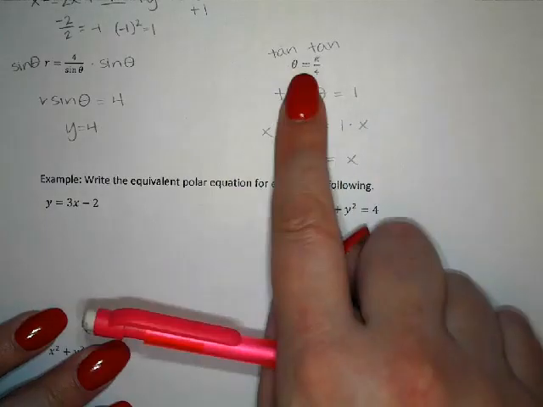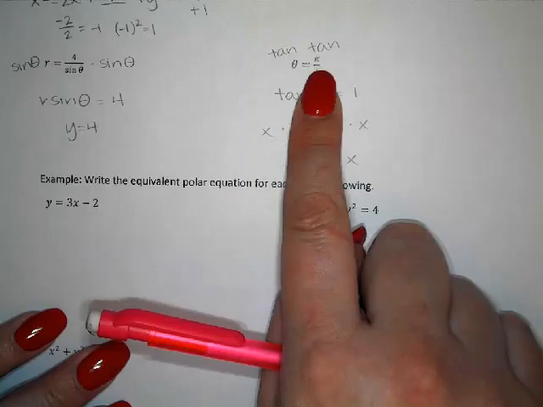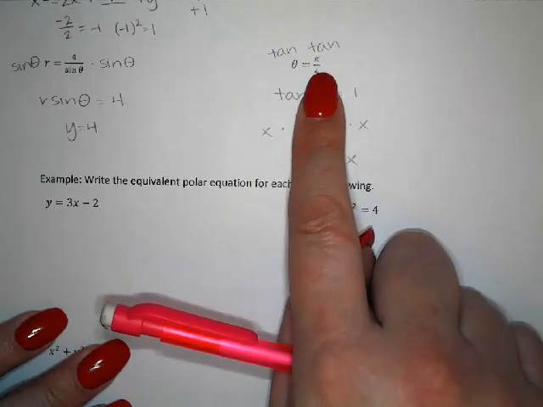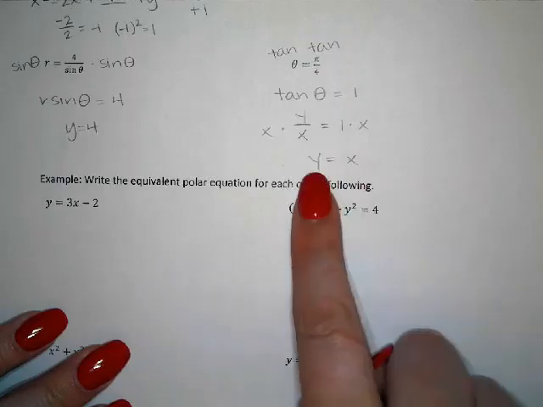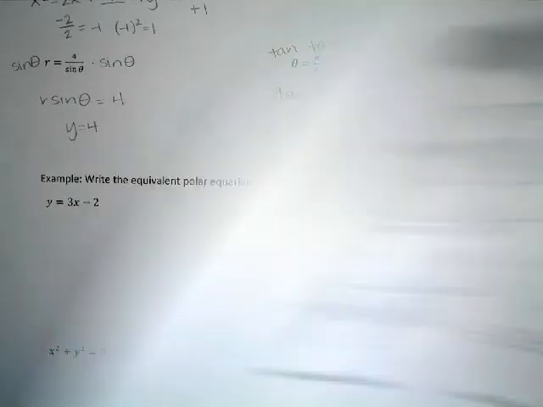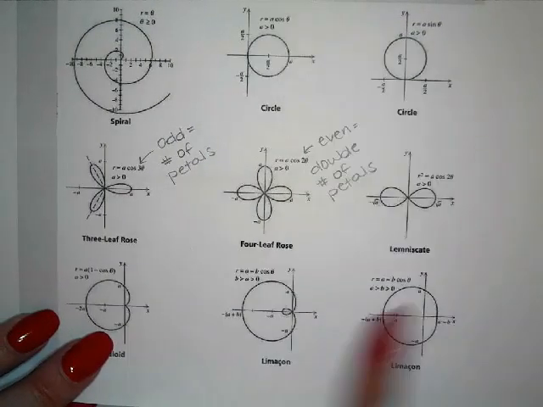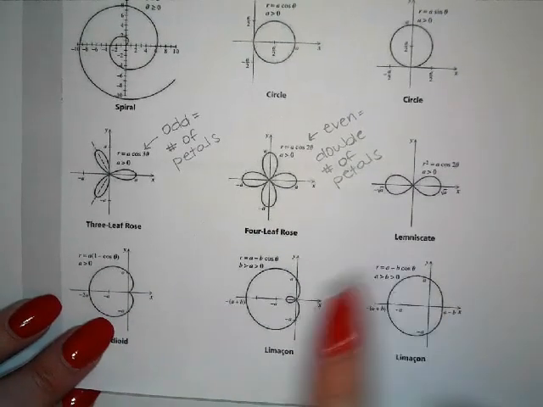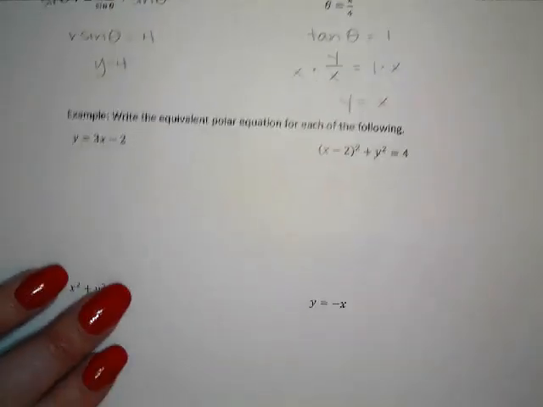Those can be written as theta equals an angle measurement, because you would just find the angle pi fourths and then trace that line all the way through the pole, and that would make the line y equals x. So this is an exception to isolating r, and this is an exception. But otherwise, we would get the r alone on the left side, and we would have it in terms of theta on the right side. So I'm going to keep that in mind as I write these equations.